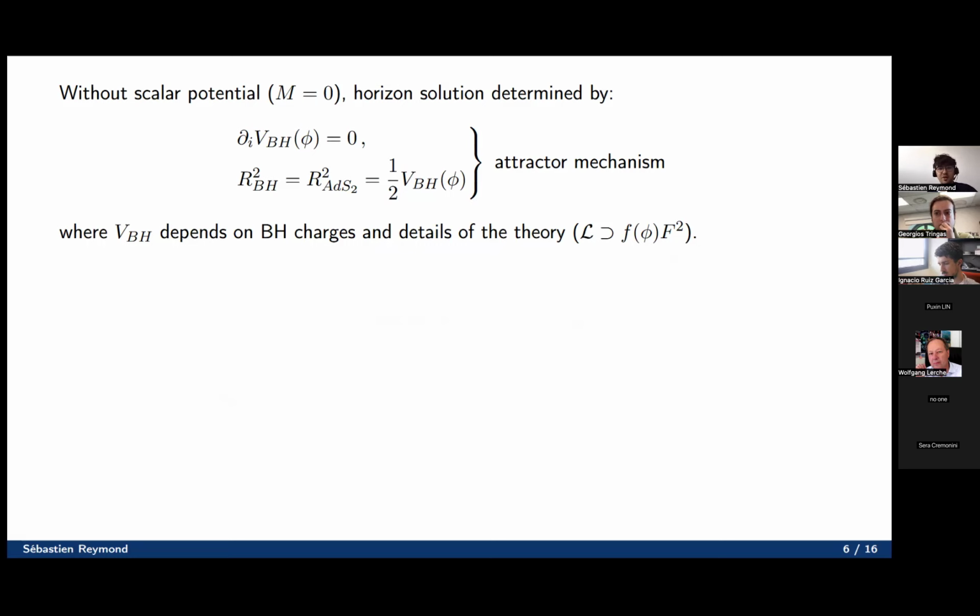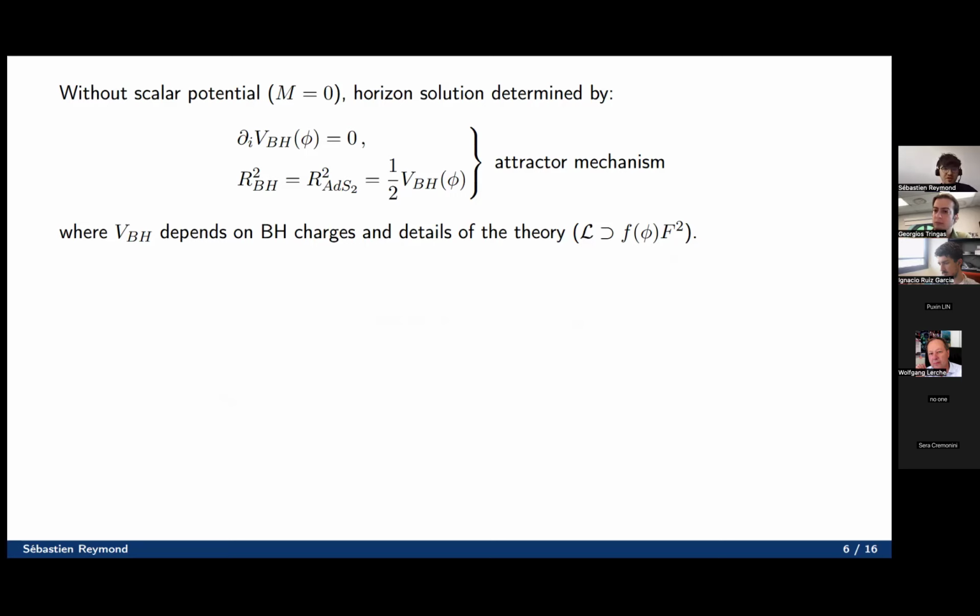When I say details of the theory, I mean specifically how the scalars couple to F squared and F wedge F generically. Now, this is essentially directly showing you the attractor mechanism. So the first equation tells you that the value of the scalar at the horizon is set by extremizing the black hole potential. And the second equation tells you that the black hole potential value sets the AdS2 and the S2 scale.